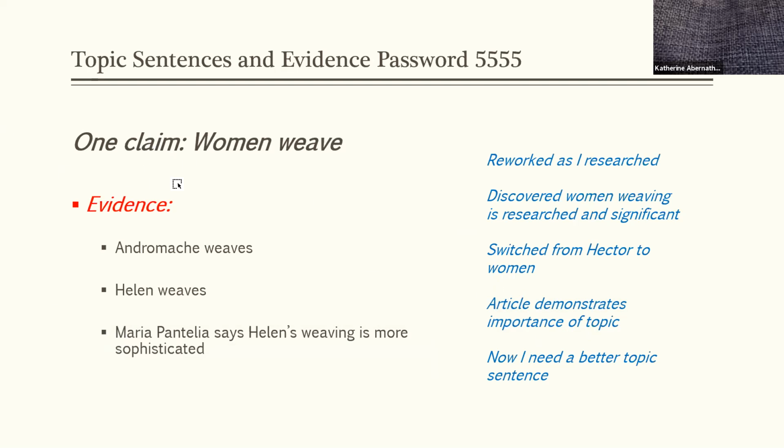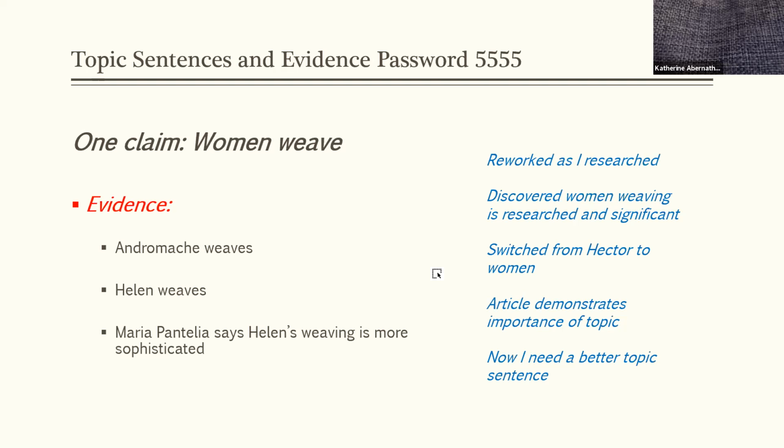And so I switched. I realized that I could write a paper on what Homer says about the women who weave. He also talks about how they spin. And then I realized they're influential because they do some significant speaking as well.